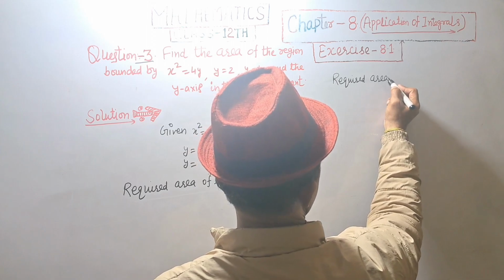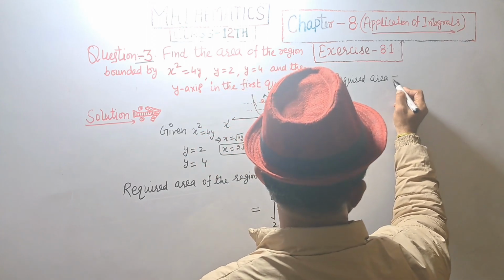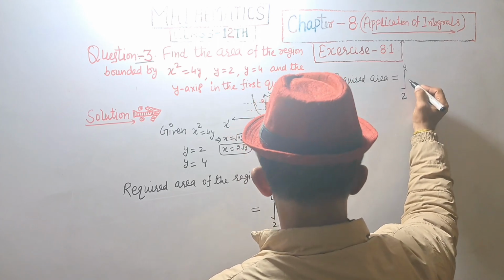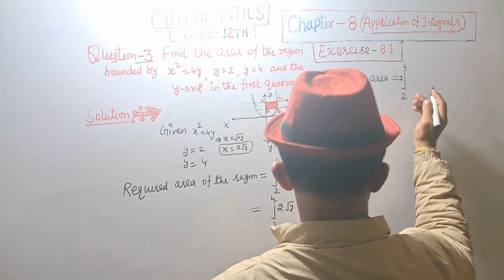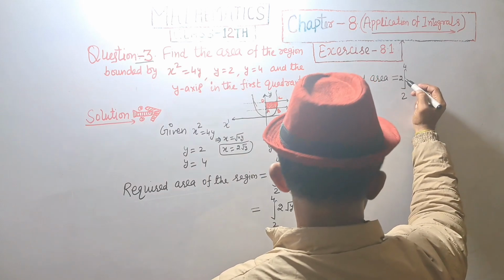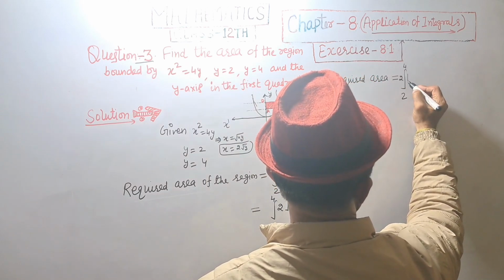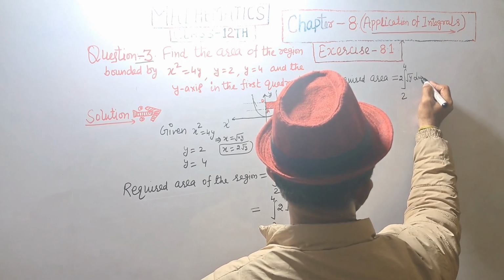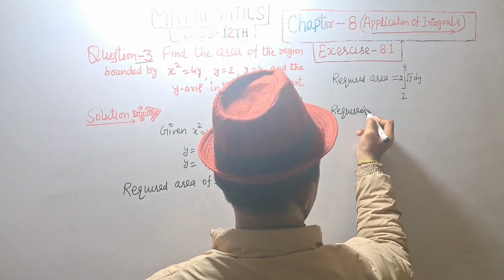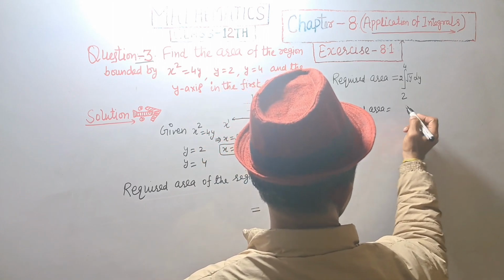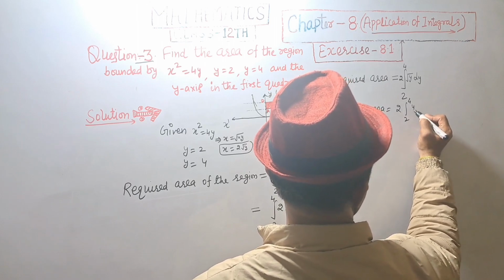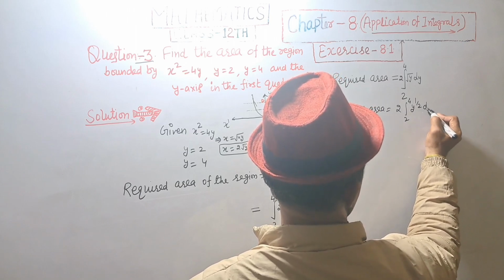Required area is equal to integration of 2 to 4, 2 into root y dy, and required area is equal to 2 into limit 2 to 4, and y can be written as y raised to power 1 upon 2 dy.